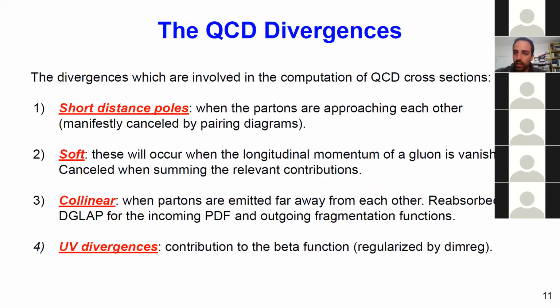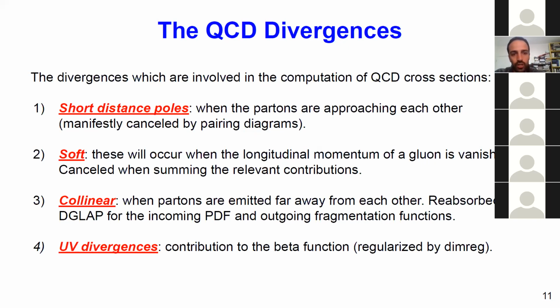Now, as I just said, this result contains many divergences. We want to have a result at the end which is finite, so it's good to keep in mind what divergences we want to get rid of. In our computation, there are four kinds of divergences.